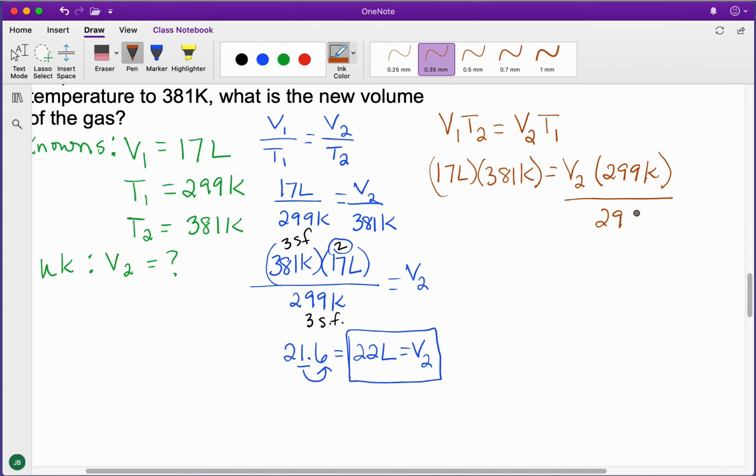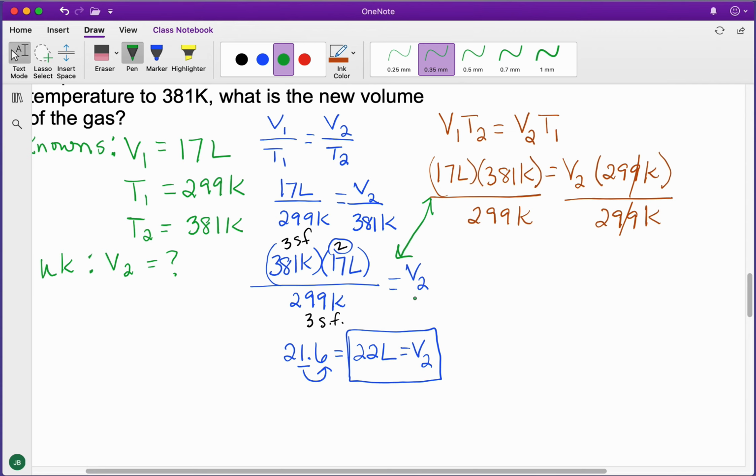So we're going to divide by 299 kelvins. So look, ladies, at this point, in case you haven't noticed, this part looks just like what I have going on the left-hand side.